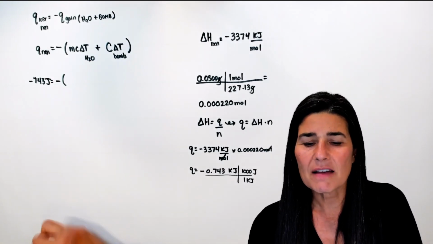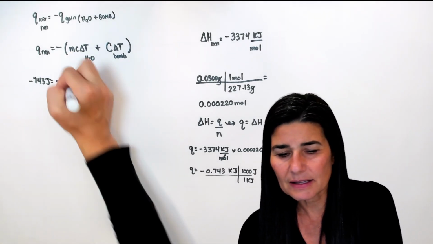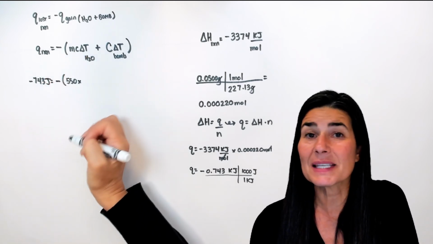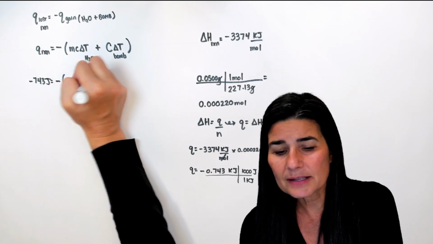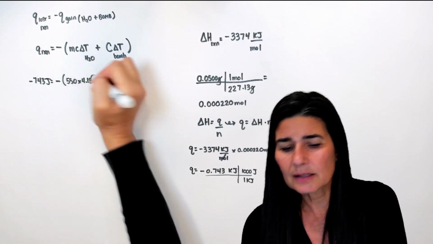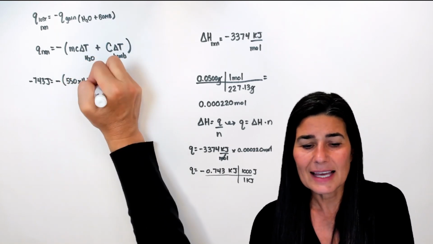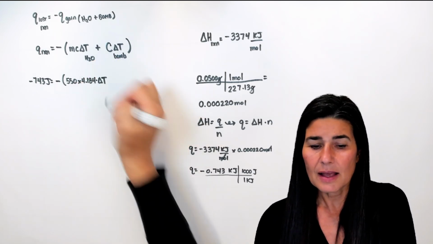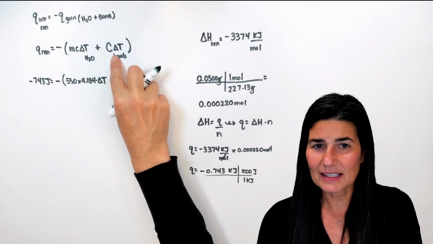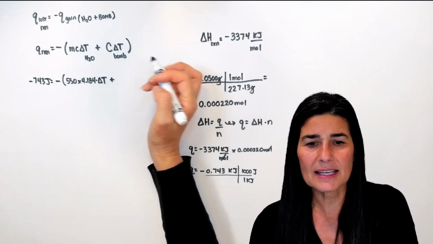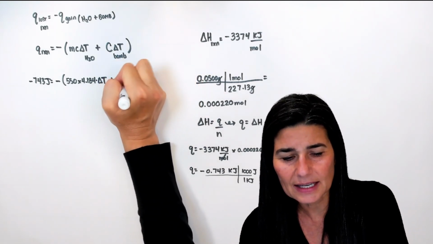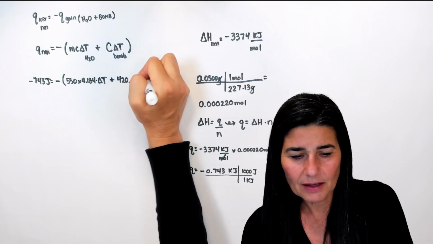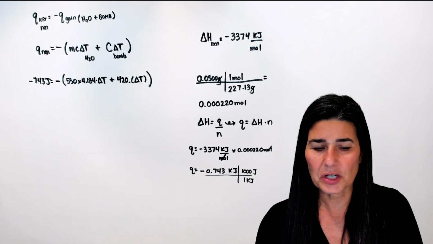The mass of our water was 550 grams times the specific heat of water, 4.184 joules per gram degree C, times our delta T. That's what we're trying to solve for. Plus, the heat capacity of our bomb in this case was 420, and we're going to multiply that by the delta T.